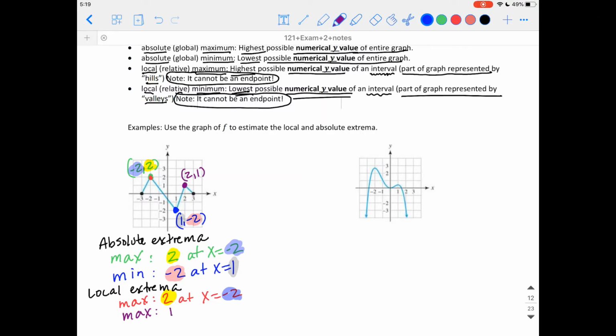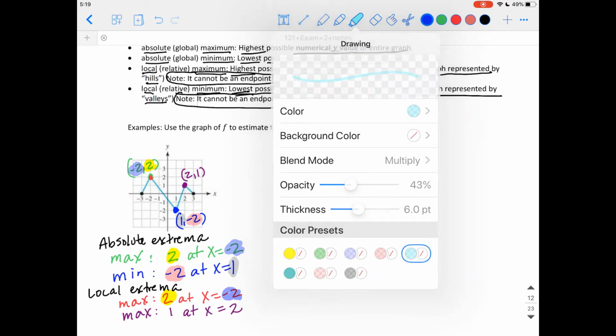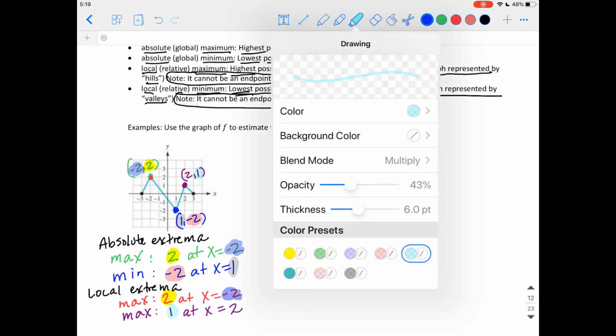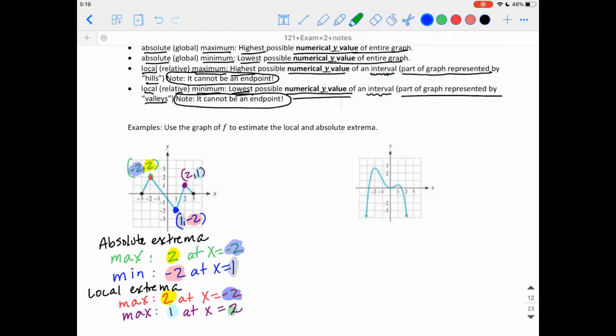So I'm gonna have a local max of 1 at x equal to 2. So let me highlight those. So this y value right here is this one. And at x equal to 2, is that one right there.